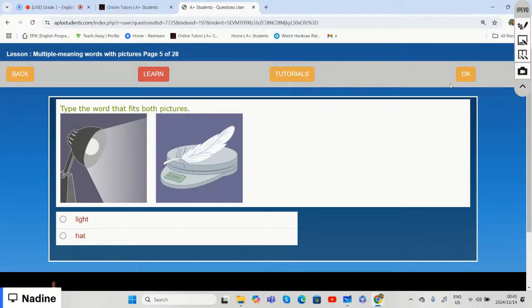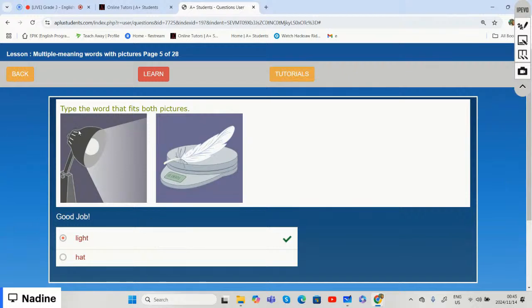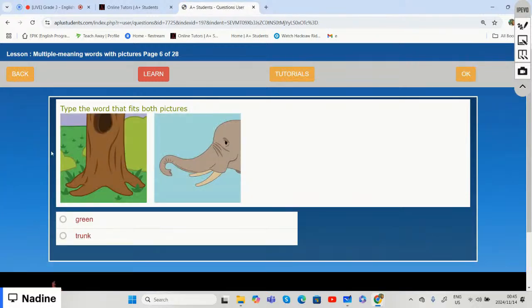All right. And if we were to find the word that matches both of these pictures, then yes, we're going with option one. It is light, and light as a feather.